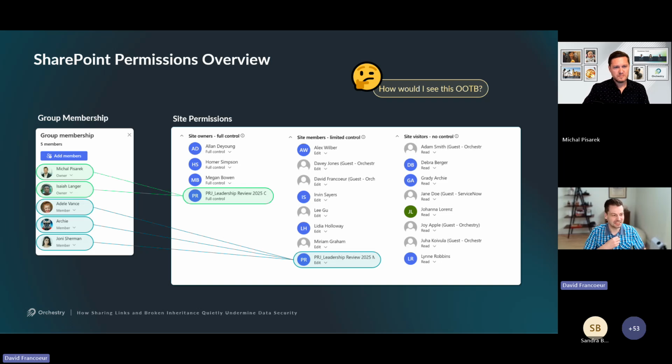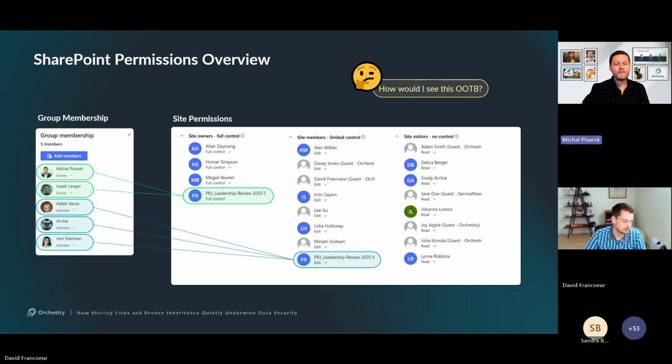But even putting them side by side is very difficult to make sense of, because all of the group people are going to be inherited into the groups that are sitting on the SharePoint site. The people will not be listed out flat, there's good reasons for that. But looking at this, you already have to really know SharePoint permissions at a fairly, I would say, not even a basic level, but a moderate level of understanding here, Michael, to even make sense of this.